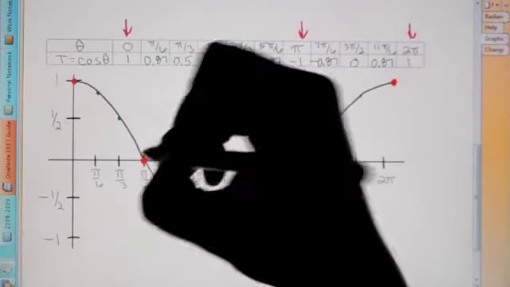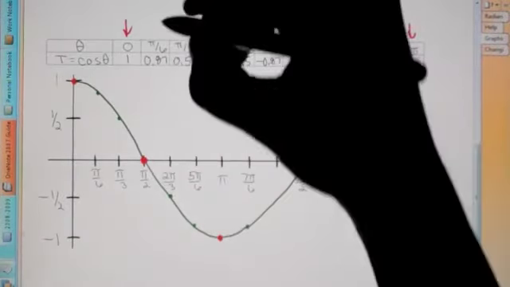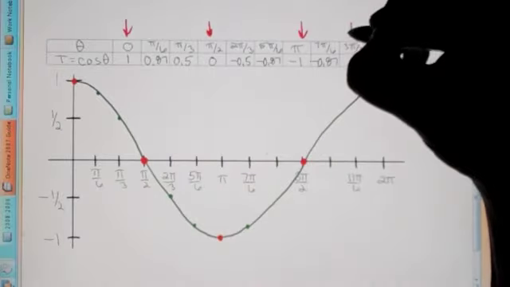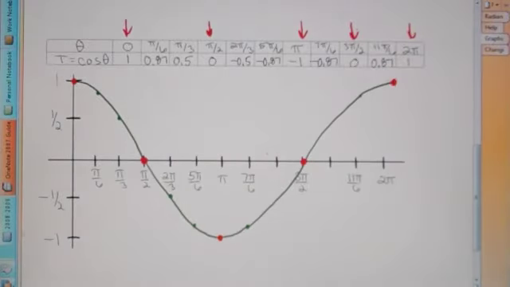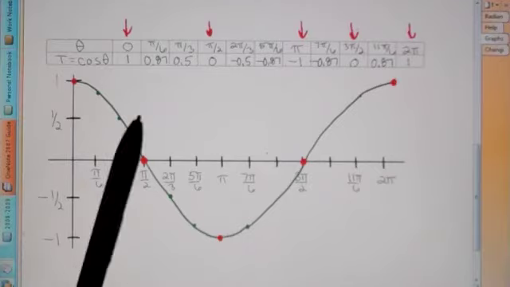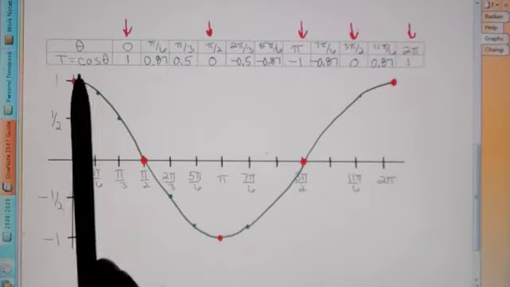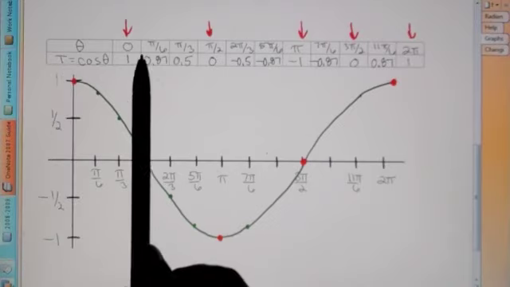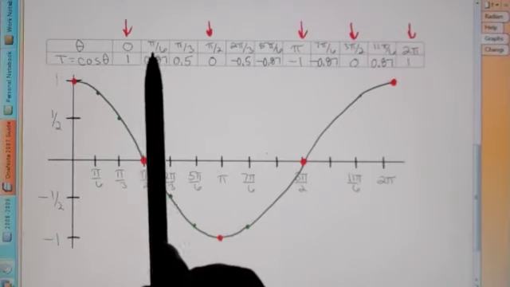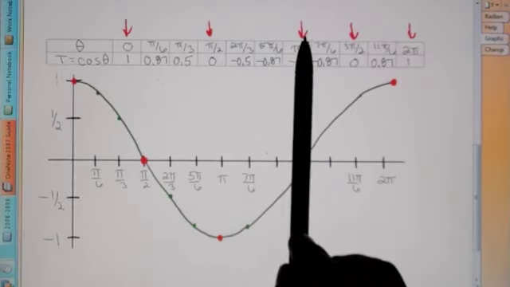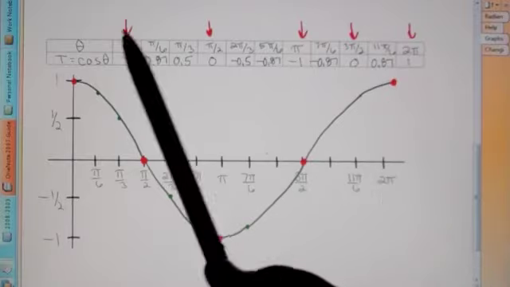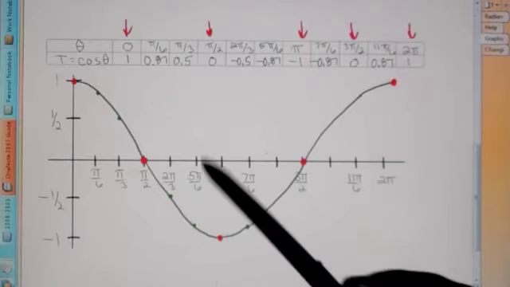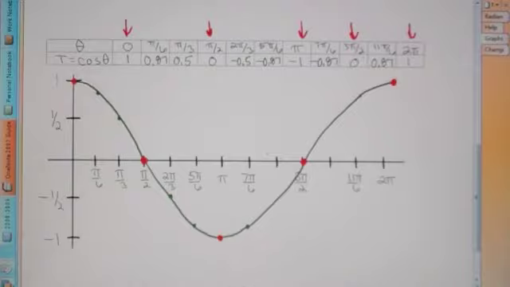And then the pi over 2 and the 3 pi over 2, notice they're both at 0. So I say there's 4 intervals here. There's the first interval from 0 to pi over 2, second pi over 2 to pi, pi to 3 pi over 2, and then 3 pi over 2 to 2 pi.